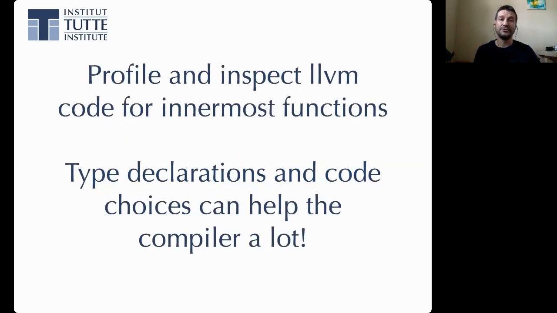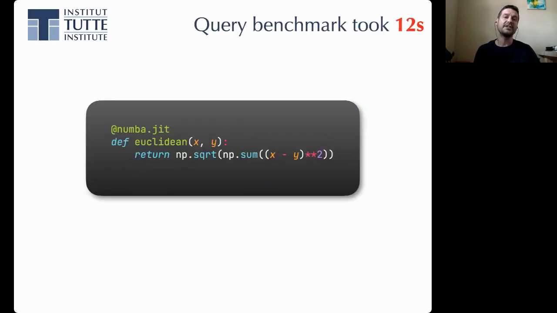The first thing you want to do is a lot of profiling to find where the bottlenecks are. There is no point in spending effort on functions that are already fast or don't get called very often. Once you have found the bottlenecks, you can gain a lot of extra performance from writing code in a way that Numba can optimize well and adding type declarations to help Numba out. So here's an example of this.